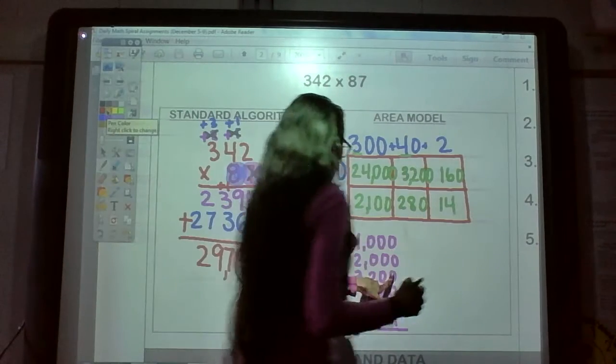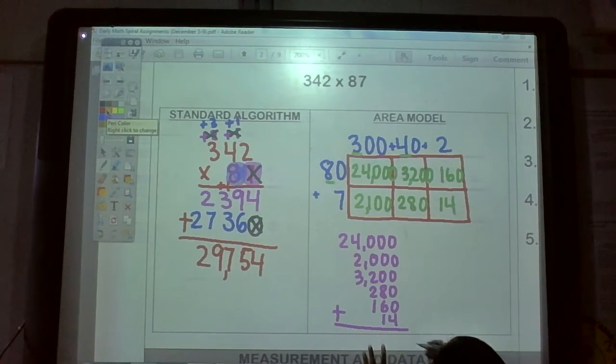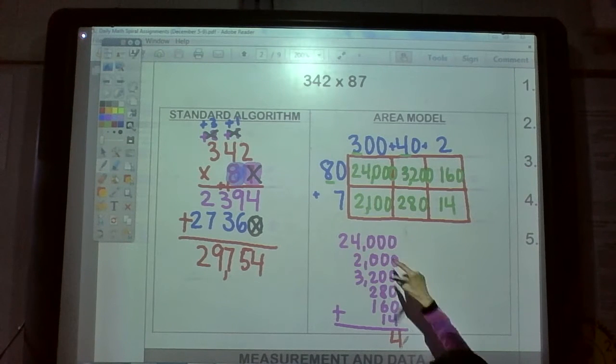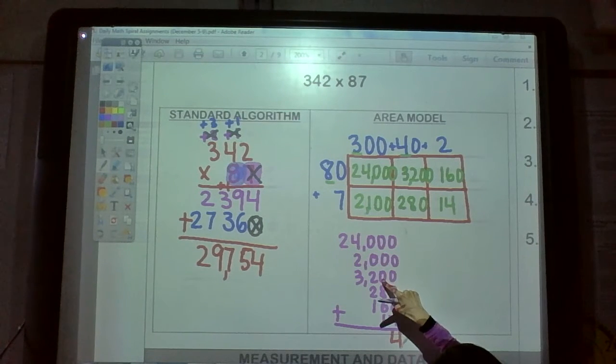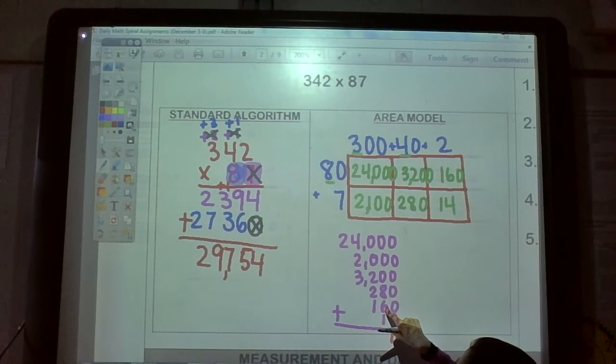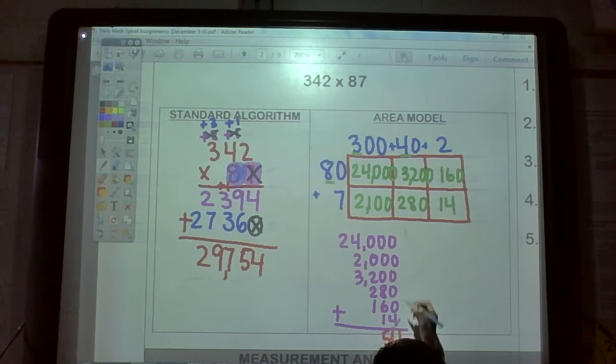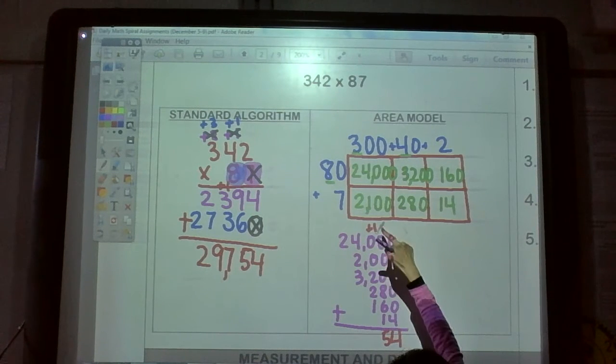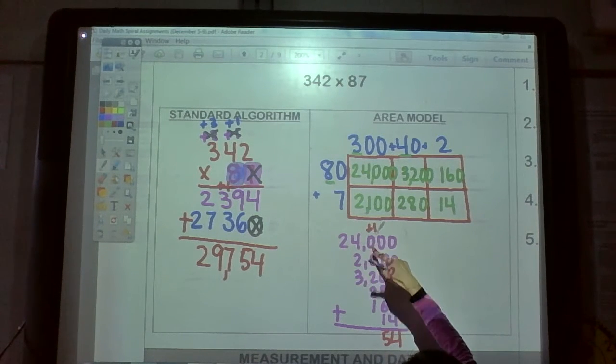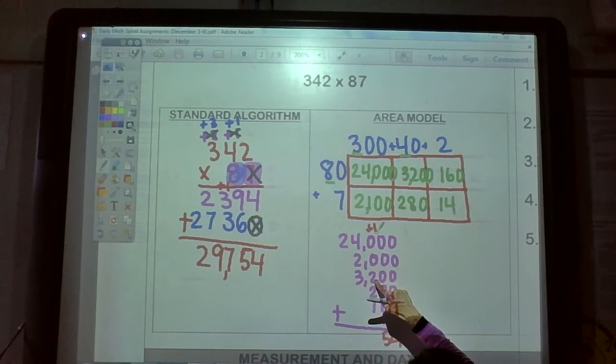Add 0, 0, 0, 0, 0, 4. There's your 4. And then 0 plus 0 plus 0 plus 8 plus 6. 8 and 6 makes 14 plus 1 is 15. Write the 5 plus 1 up top. 1 and 0, that's a 1 plus 0, that's still a 1. Plus 2 is 3, plus 2 is 5.